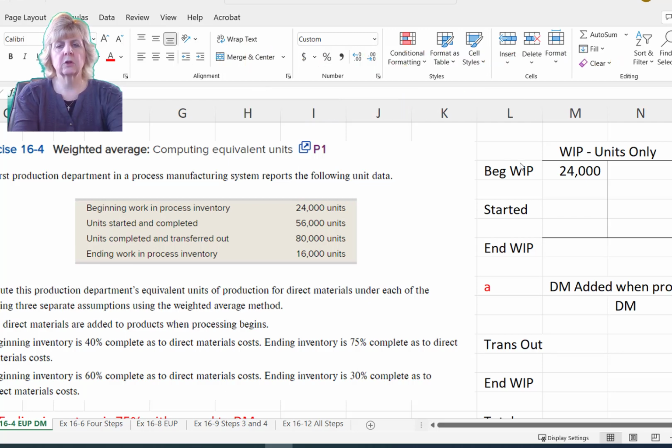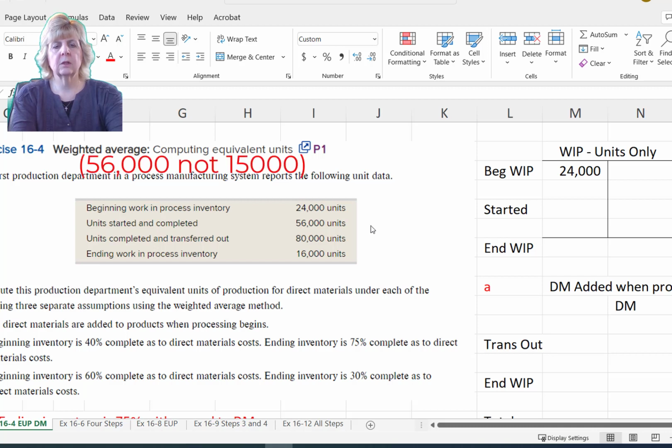So the problem starts out with 24,000 units sitting in beginning WIP. Those 24,000 units represent units that were started in a previous month but not finished. The next line, units started and completed, tells us that there were 15,000 units that not only got started but got completed.